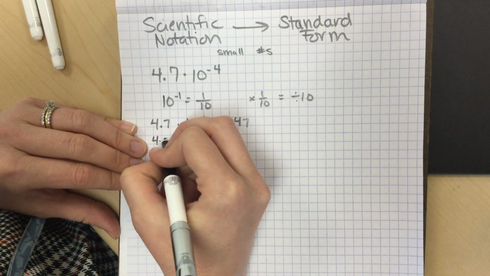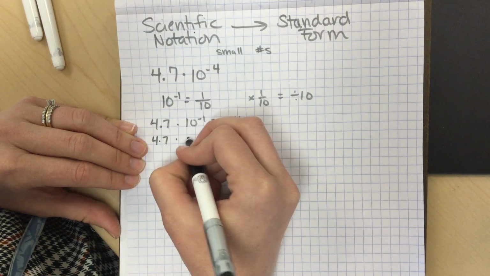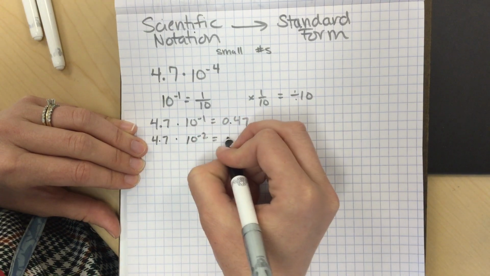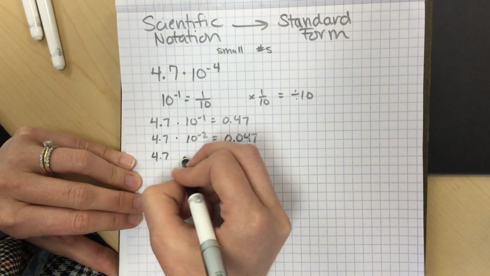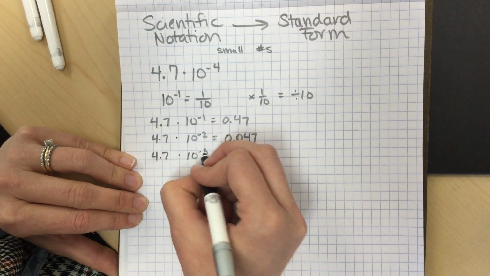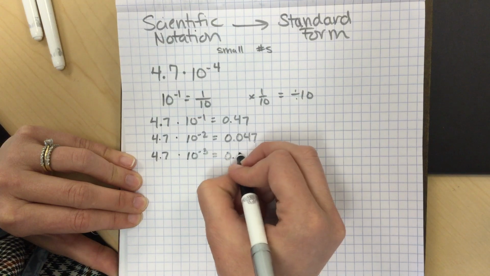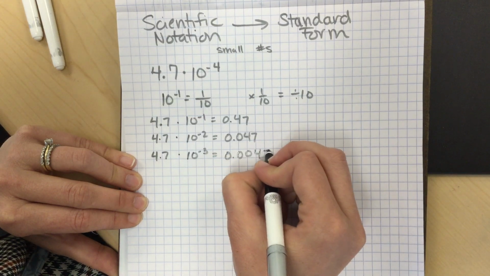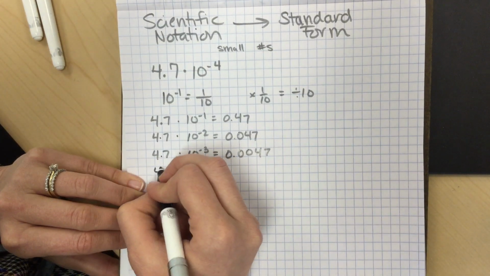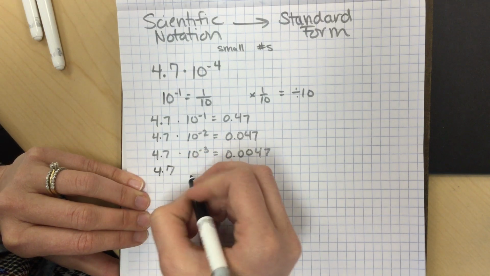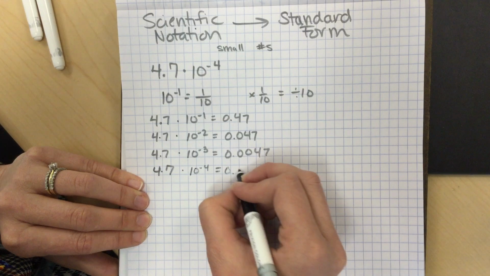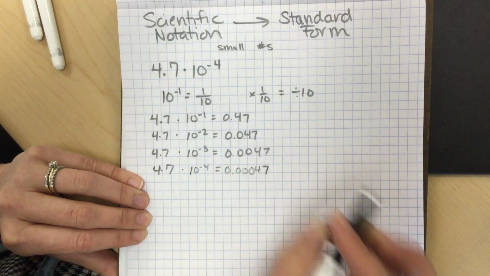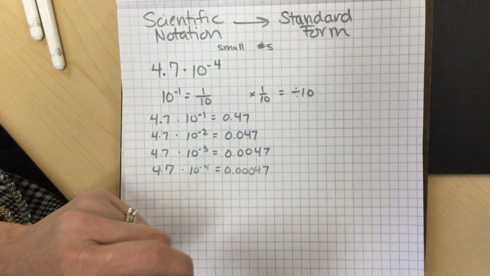Multiplied by 10 to the negative 2, we get 0.047. Multiplied by 10 to the negative 3, we get 0.0047. And multiplied by 10 to the negative 4th, we get that number there back to the original.